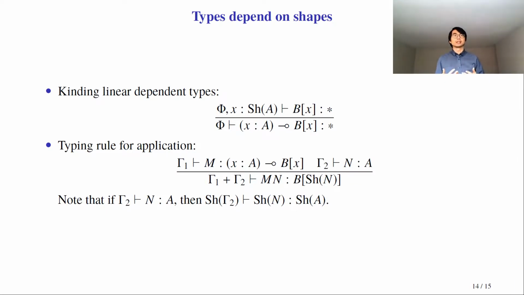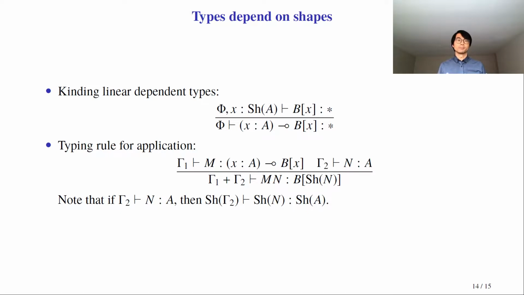Then we use the extended context to kind check B. And for the application rule, when we are applying a linear function m to an argument n, we first combine the contexts gamma1 and gamma2 in a linear fashion. Then we substitute the shape of n into the type B. For this typing rule to be consistent, we have to make sure that the shape of n has the type shape of A. And you can find the rest of the typing rules in our paper.